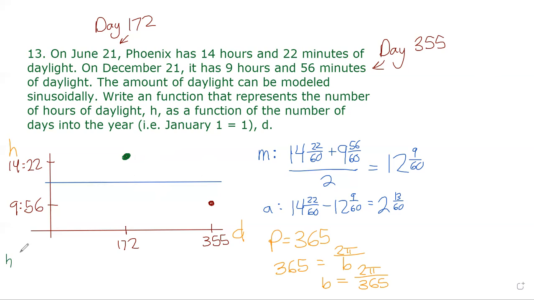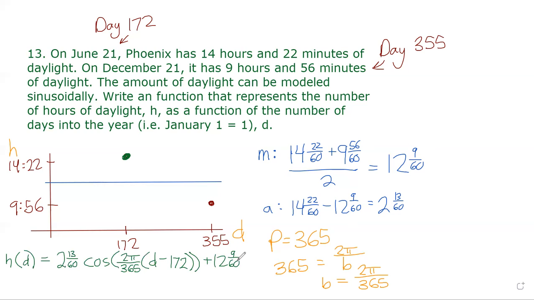Hours of daylight as a function of the number of days equals, amplitude is 2 and 13/60ths, we're doing this in terms of cosine, B is 2 pi over 365, and then not theta in this case, but D, the number of days, minus the horizontal shift, which is 172, plus vertical shift, the midline, which is 12 and 9/60ths.